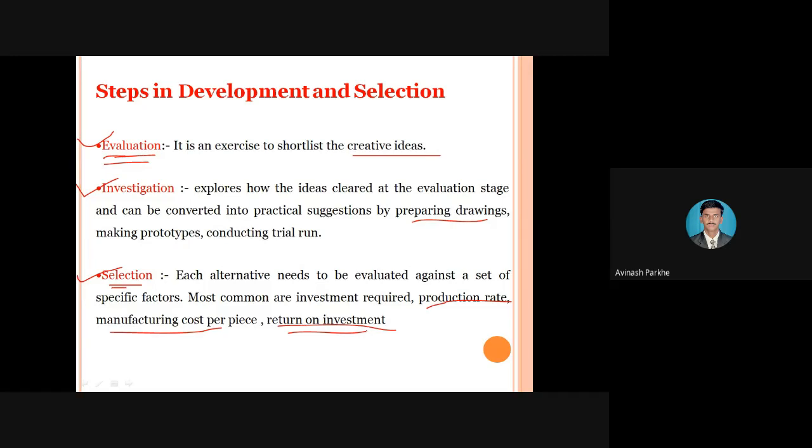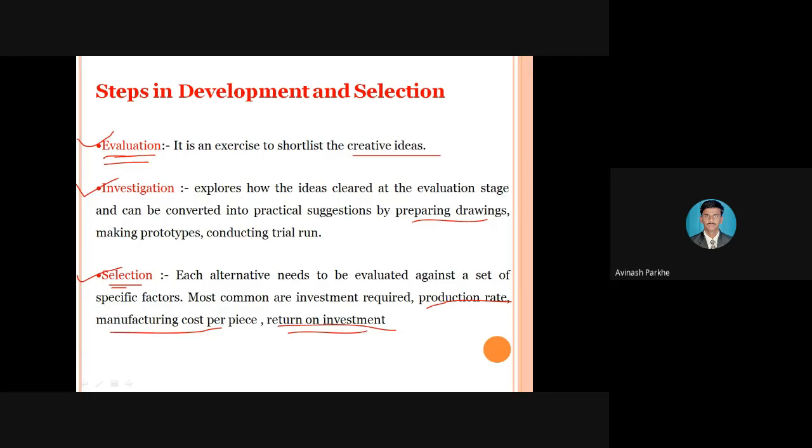So out of those 2 ideas, we have to select that idea only which is feasible to us. For example, idea number 1 takes less time as compared to idea number 2. For idea number 1, less time is required to convert the raw material into finished goods. Again, for idea number 1, very little investment is required as compared to idea number 2.